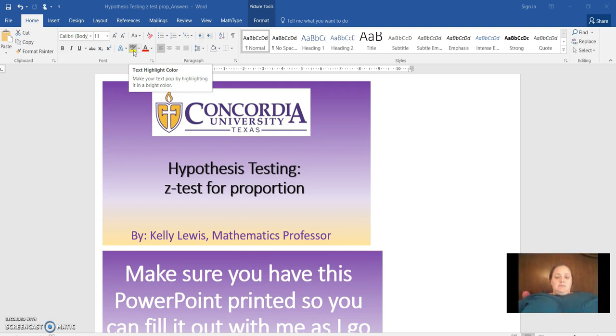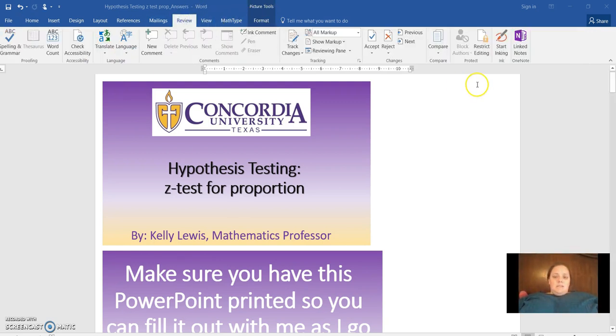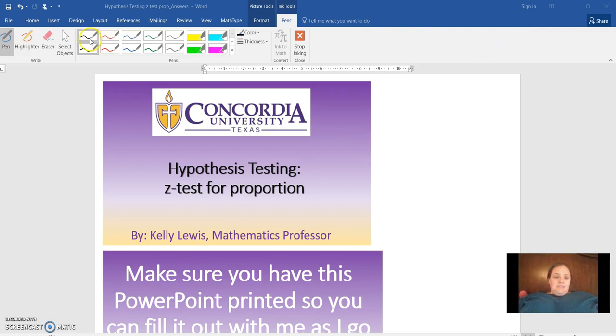A z-test for a proportion is when, okay, so the z and t-tests, the regular Z and T tests, are for quantitative data, like things with numbers.